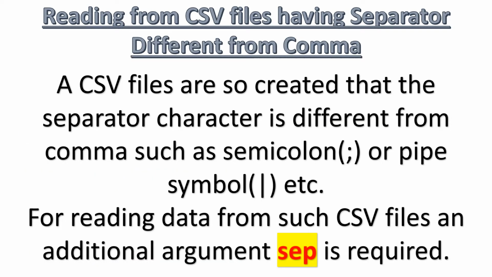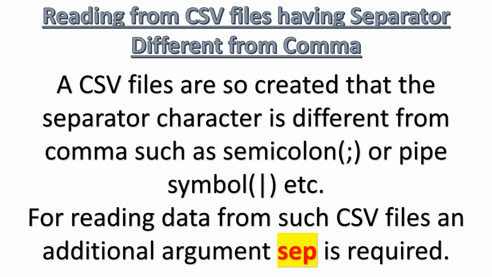The next topic is reading from the CSV file having the separator which is different from the comma. So sometimes there are certain CSV files which are created in such a way that their separator character is not comma but some other character is used to separate the data. It can be semicolon or pipe or hash or any other symbol to separate the data.